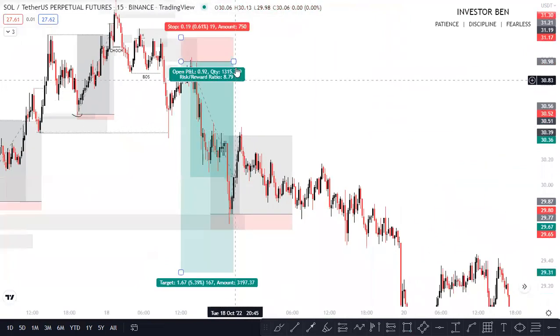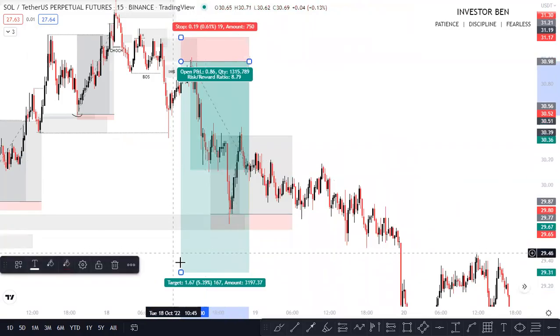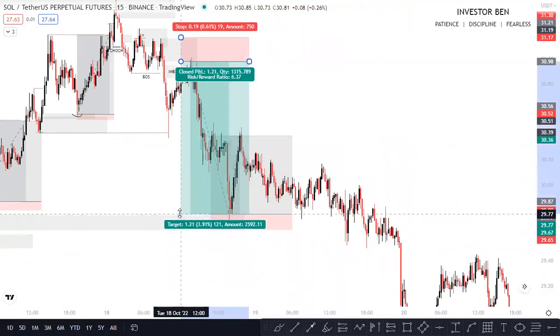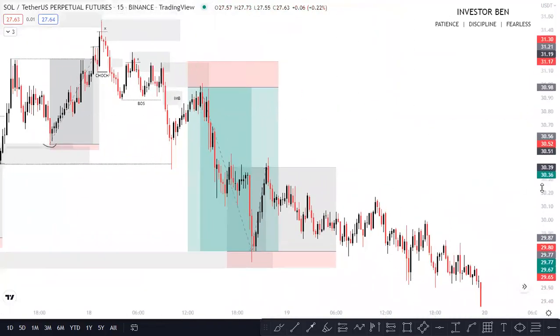We sold impulsively to the downside, but then let's keep it here. So we sold impulsively to the downside.